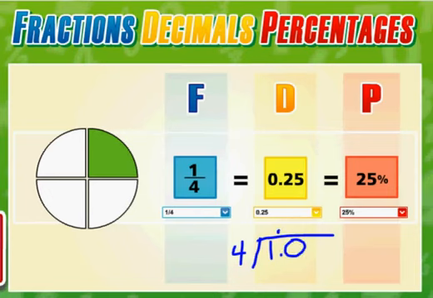So we bring the decimal point up to our quotient line. 4 doesn't go into 1, but it goes into 10 2 times. 4 times 2 is 8. We subtract that out, we're left with 2. Add another 0, bring that down. 4 goes into 20 5 times. 4 times 5 gives us that 20, and there's nothing left down below. That's how we get the 0.25, or the 25 hundredths.